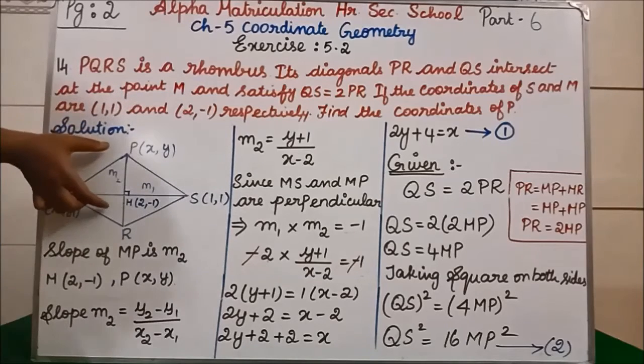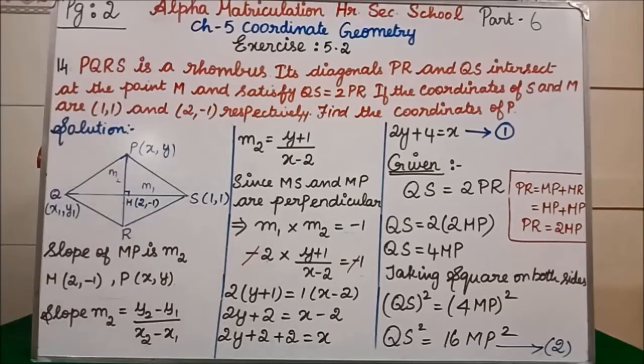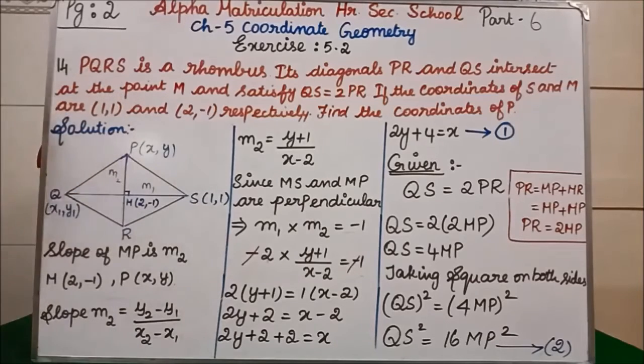Suppose we are getting PM equal to 2, the same value you will get for MR also. Here, bisect at each other means it divides into equal parts. So we can write MP is equal to MR. Both are the same only. Because whatever value you get for MP, the same value you are going to get for MR also.